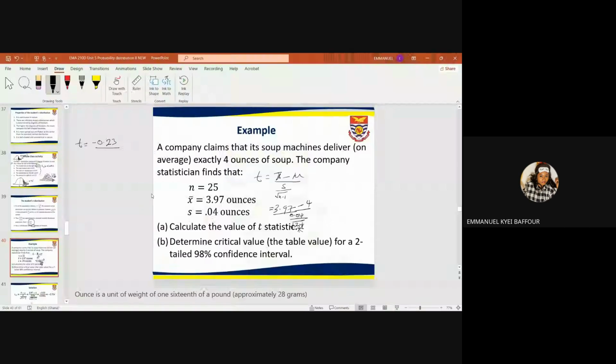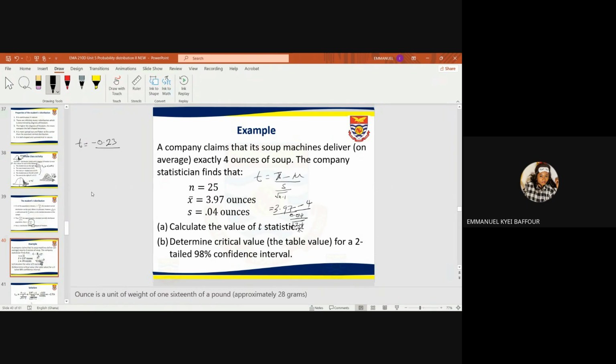What are we getting for that? I punch it all and it's giving me negative 3.674.